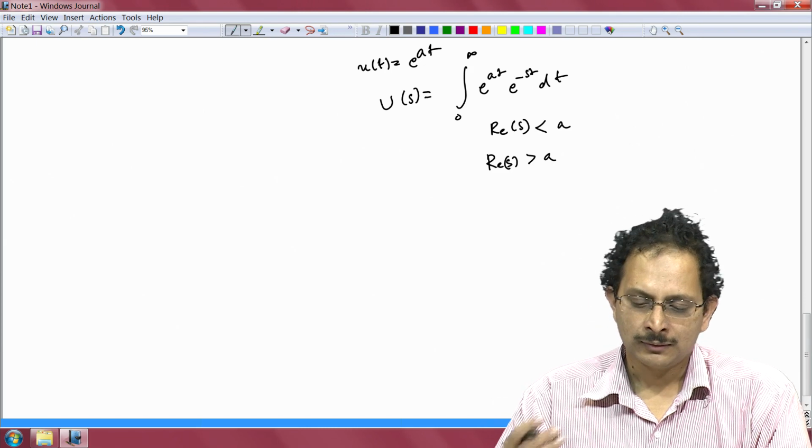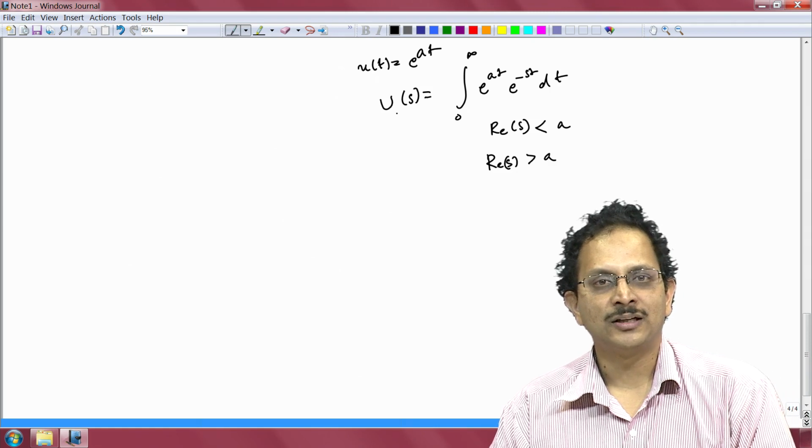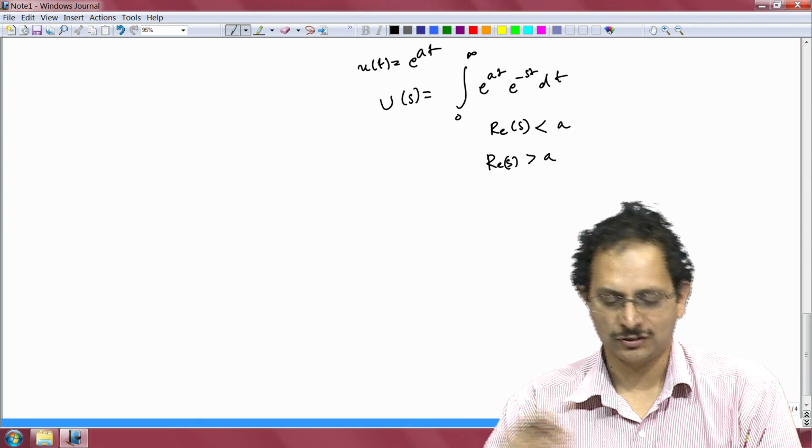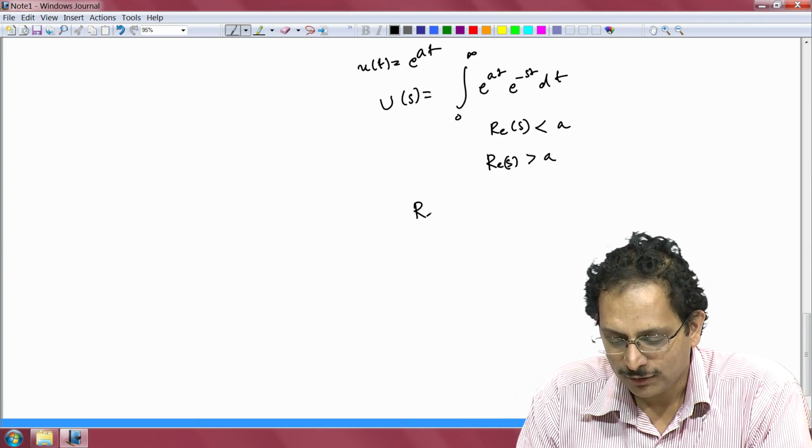So, there are only certain values of s for which the integral converges, and this set of values of s is called the region of convergence.